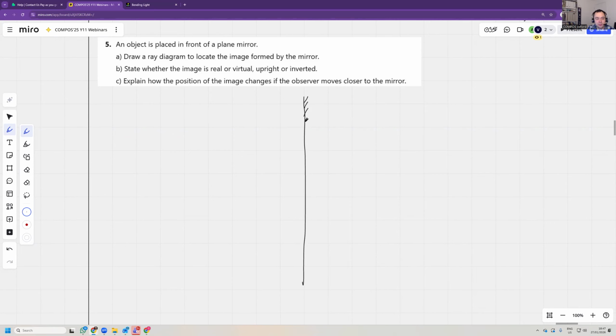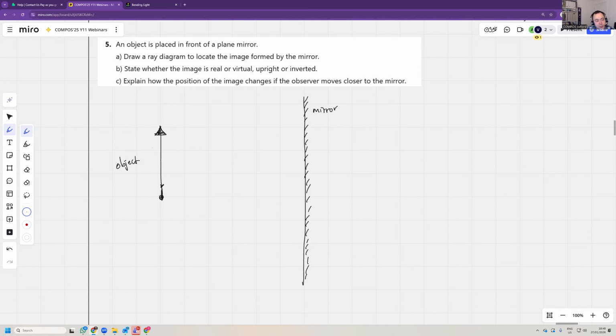Right, it's a mirror. And this is an object. We'd show it with an arrow just to show that it has a top and a bottom.